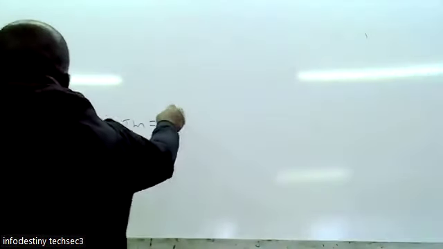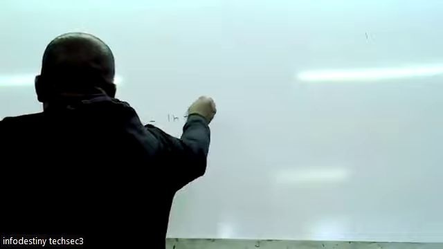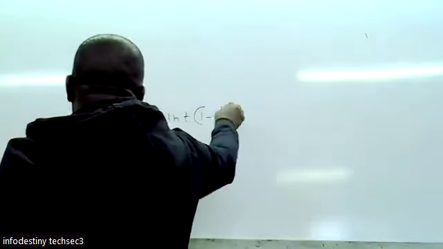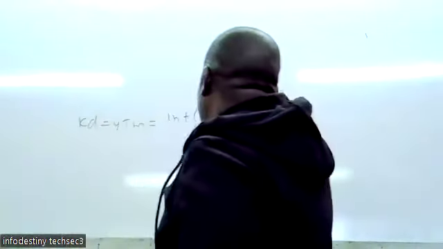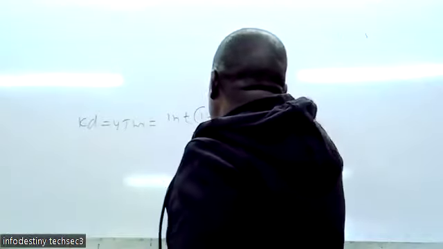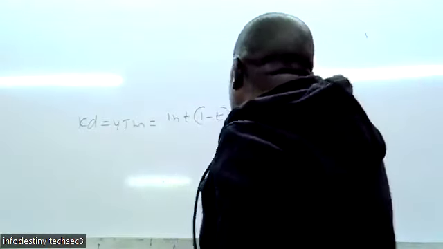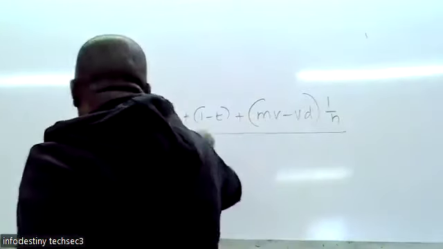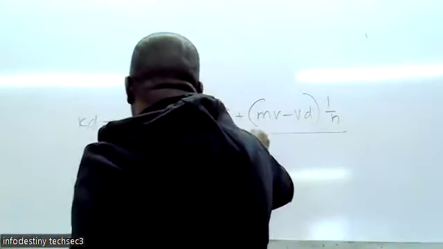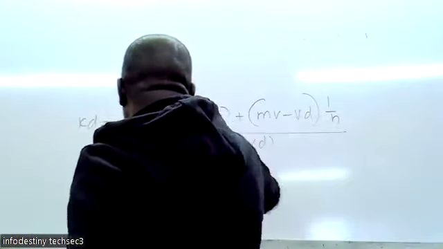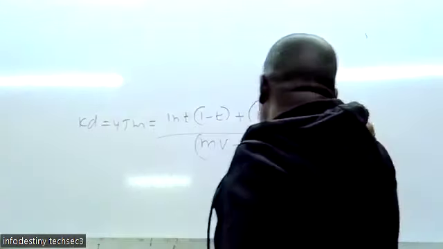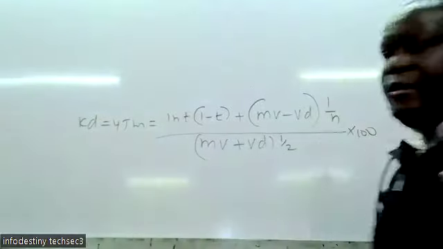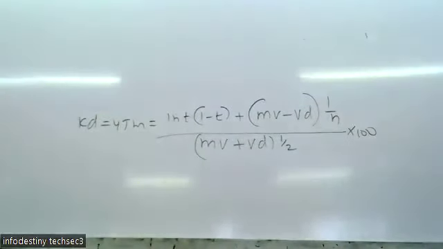It is given by interest times 1 minus the corporate tax, then we add maturity value minus the current value, times 1 over n. Then divide by maturity value plus the current value, multiplied by a half, and express it as a percentage.